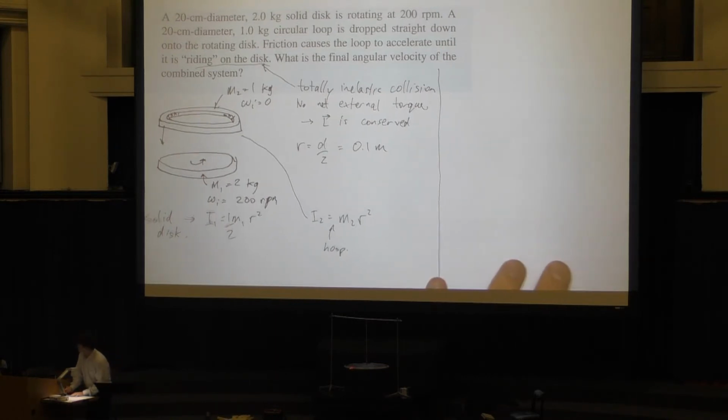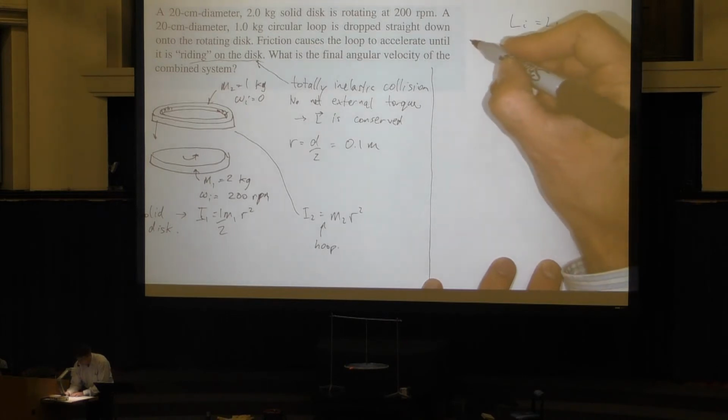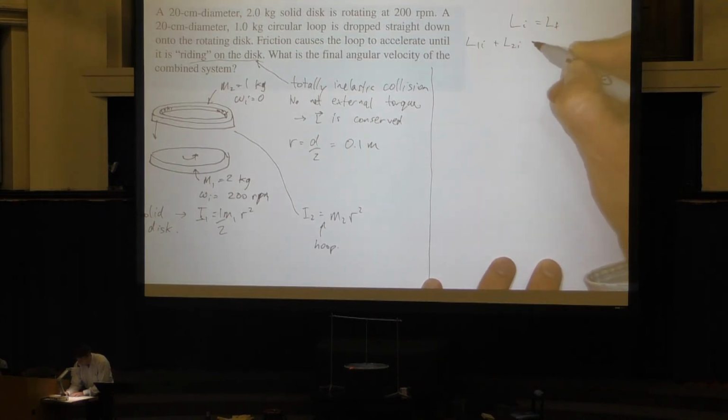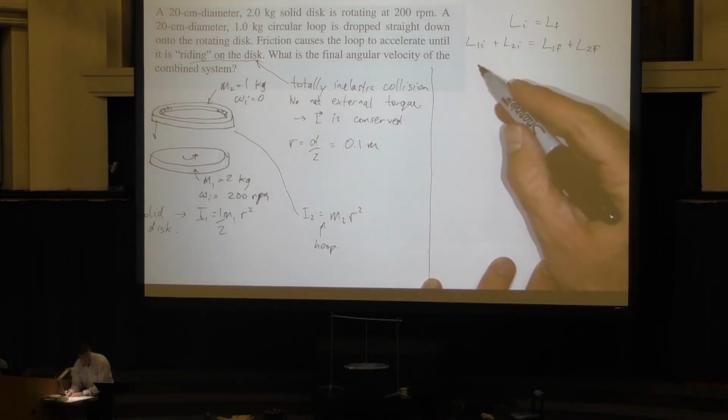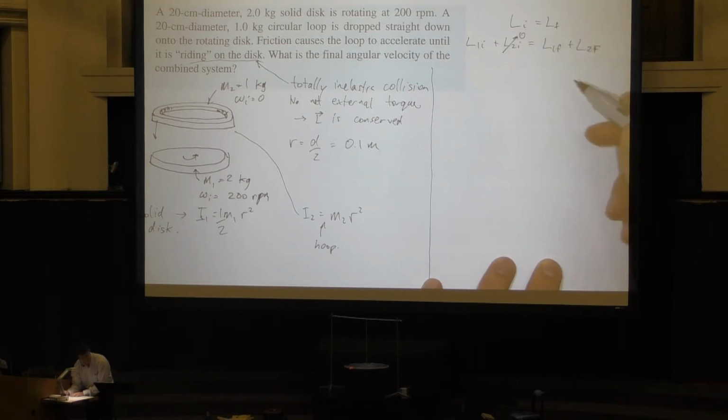And so then, our strategy is to just say that L initial equals L final. So initially, L1 initial plus L2 initial equals L1 final plus L2 final. L1 was the one that was rotating, and L2 was the one that's not rotating, so that one's 0.